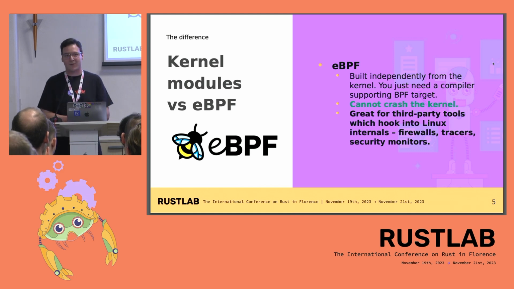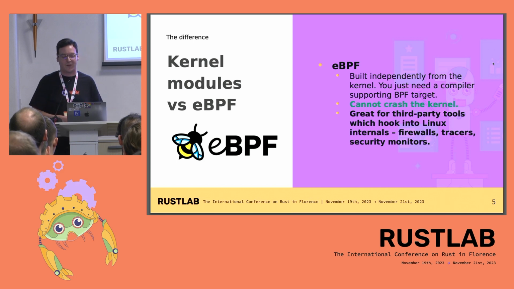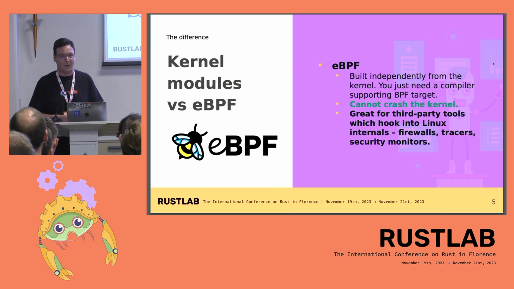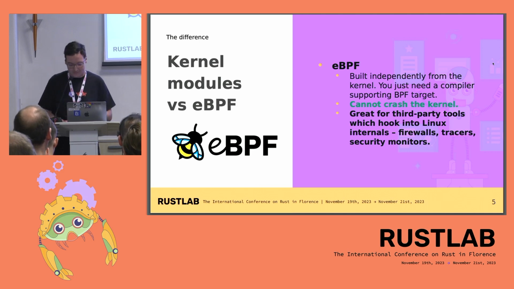And that's why it's a great fit for third-party tools which hook into Linux kernel internals, like firewalls, tracers, and security monitors. So it's perfect for debugging, and it's perfect for detecting what's happening in the system and preventing bad activity.